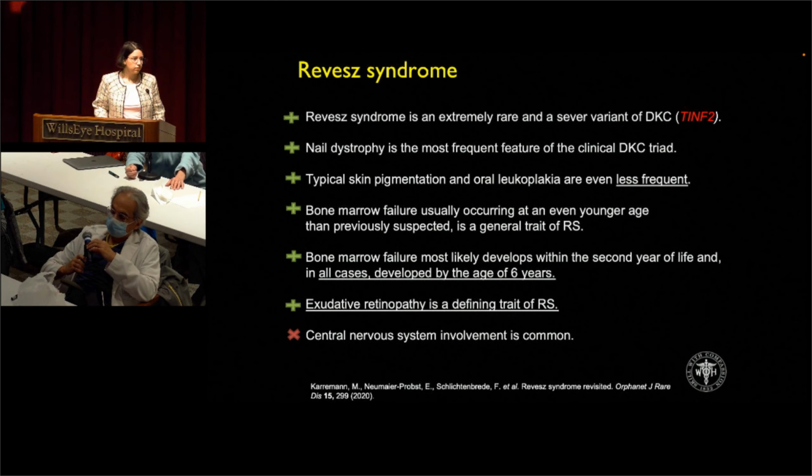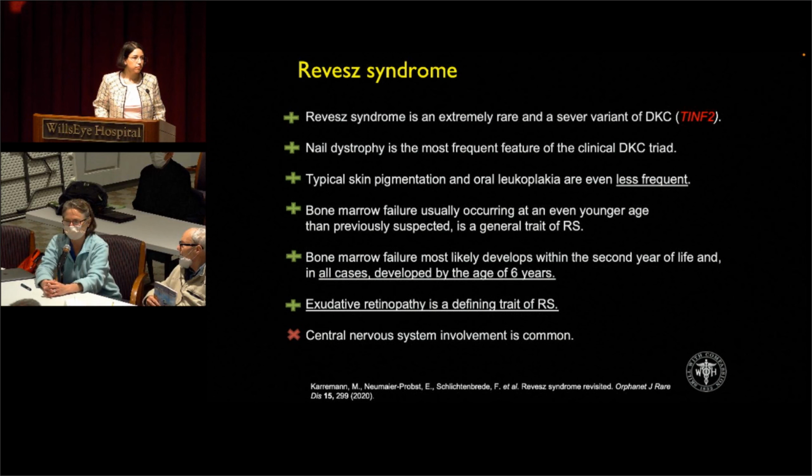Yeah, I'd like to say excellent presentation too. For the fellows, when you see bilateral Coats disease, you've got to keep in your differential diagnosis telomere shortening diseases. And there's a whole host of these, one of which is dyskeratosis congenita, and a more severe form, Revesz syndrome, and another more severe form, Coats plus syndrome, where they have a different mutation, the CTC1 mutation, and they have short stature and premature graying of the hair and similar risks for bone marrow failure.